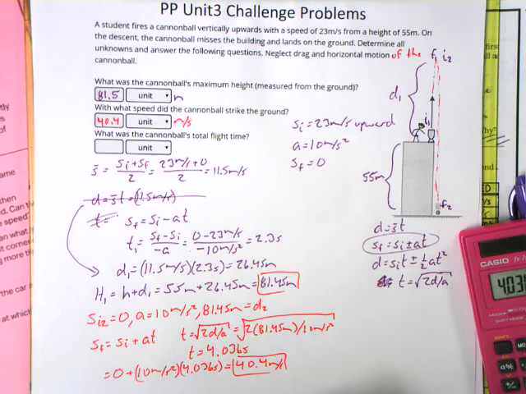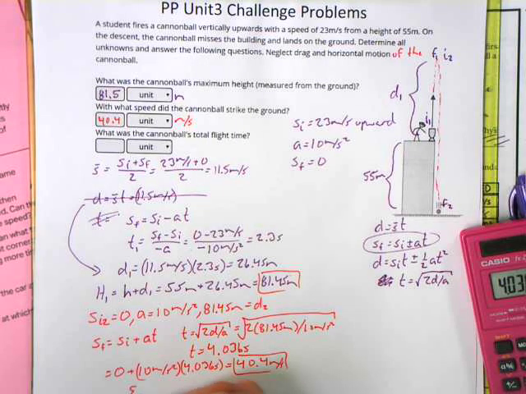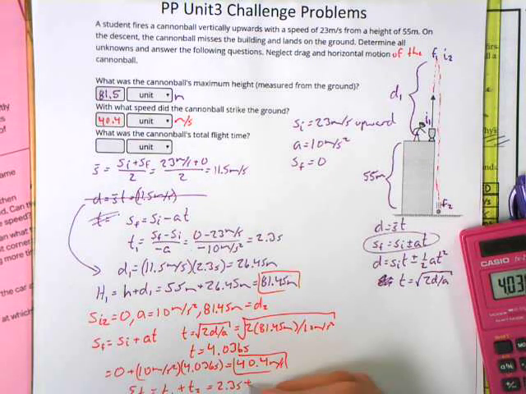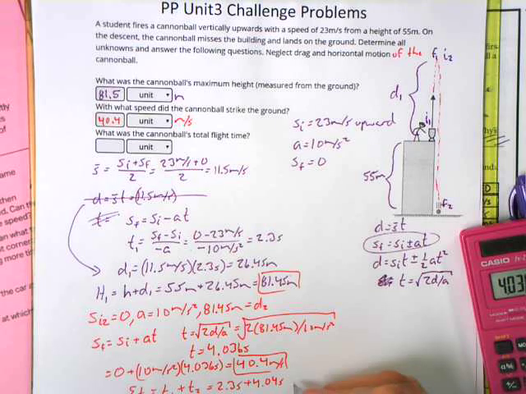Well, we've already found the time twice, so the total time is equal to time 1 plus time 2. So that is simply 2.3 seconds on the way up plus 4.04 seconds on the way down.